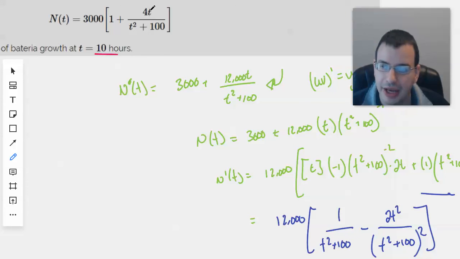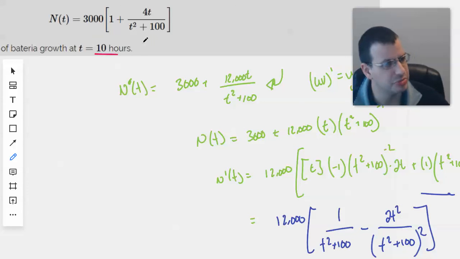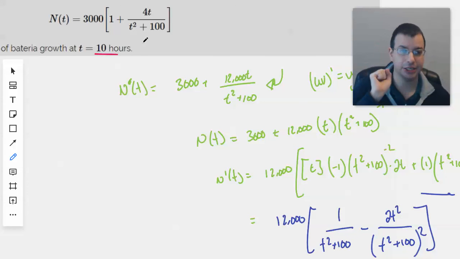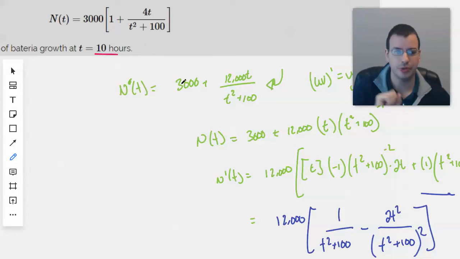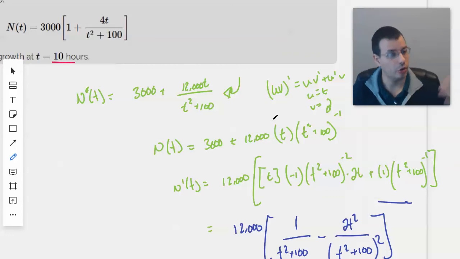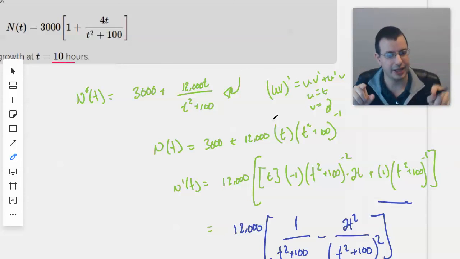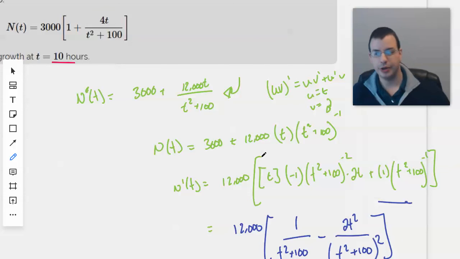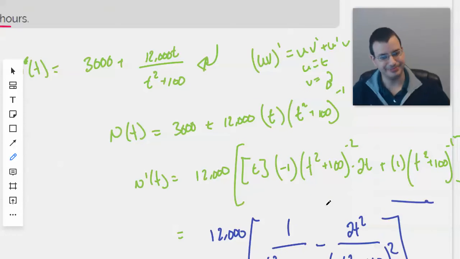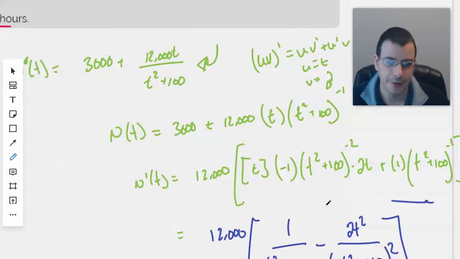But then we had a t over t squared plus something. And the trick with that was you do the product rule. Or you can use the quotient rule. I'm a fan of just using the product rule and viewing it as a negative 1 exponent, and then you still have to use the chain rule then. So, does it save you time? It's a longer process, but you have to memorize less.